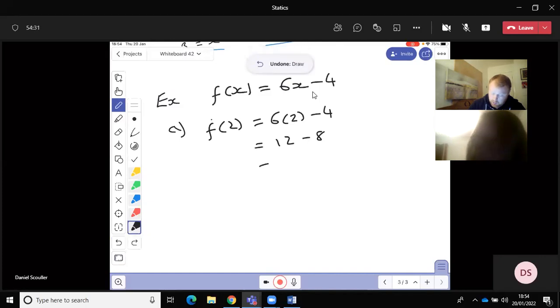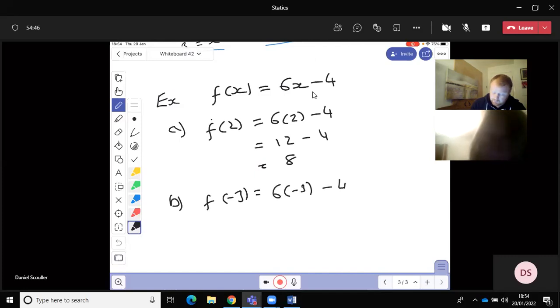Oh, don't know where I got that 8 from, I was thinking of the answer. Even if we just throw in a negative, nothing changes. Just watch the sign, be careful with that sign. So it's just 6 times negative 3 becomes negative 18 minus 4, which is negative 22.